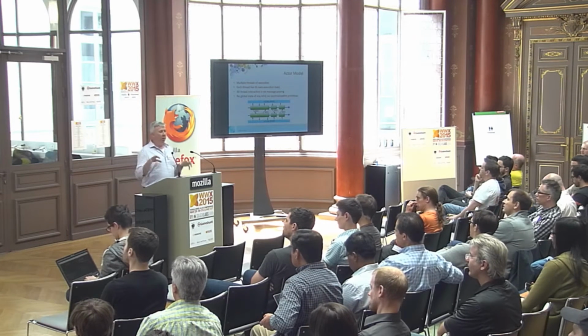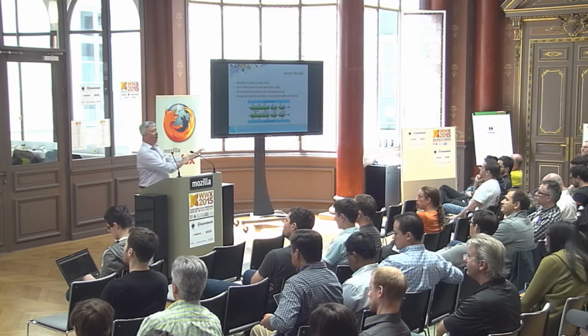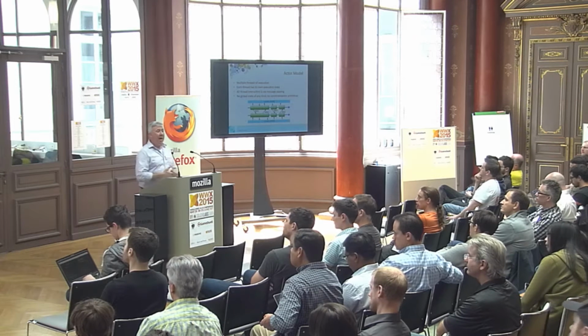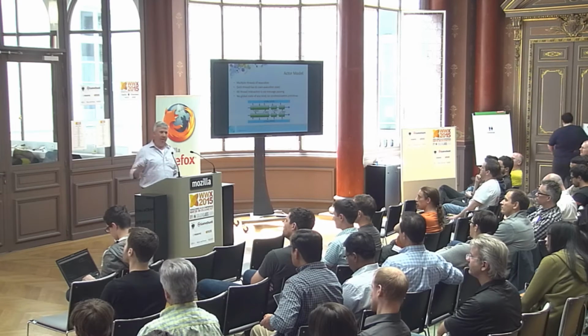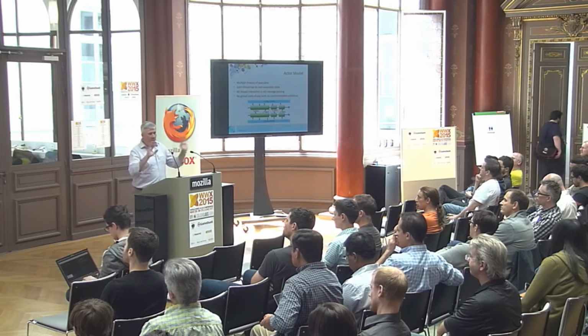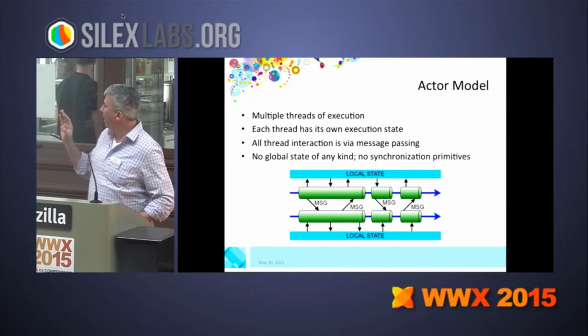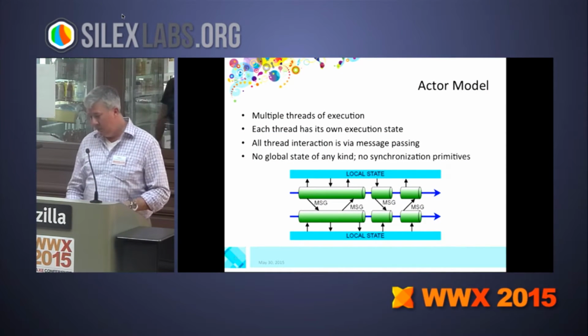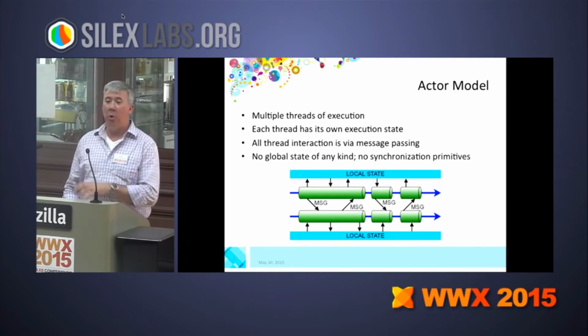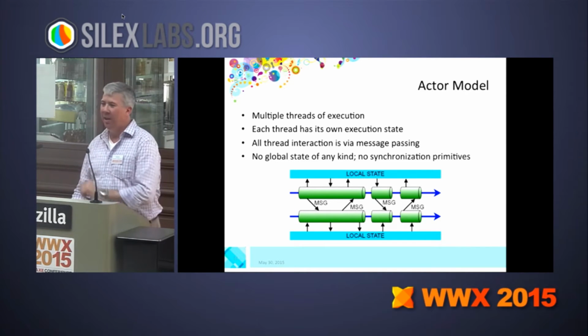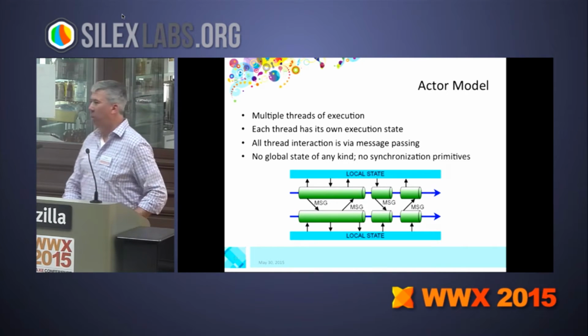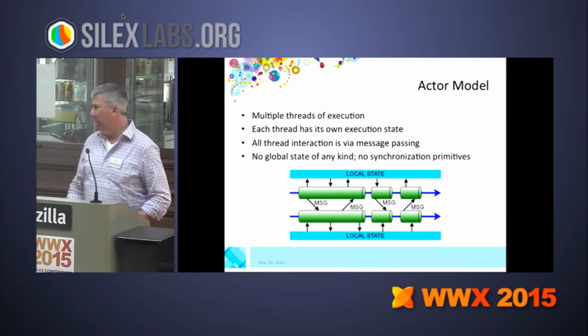And each one of those simultaneously executing contexts has its own state. And the only way they can interact with each other is via message passing. So that prevents any kind of ugly interactions between them. And it's a very clean model. Sometimes it doesn't put all the control in your hands, but you also can't mess yourself up quite as badly, or maybe easily, in this model.